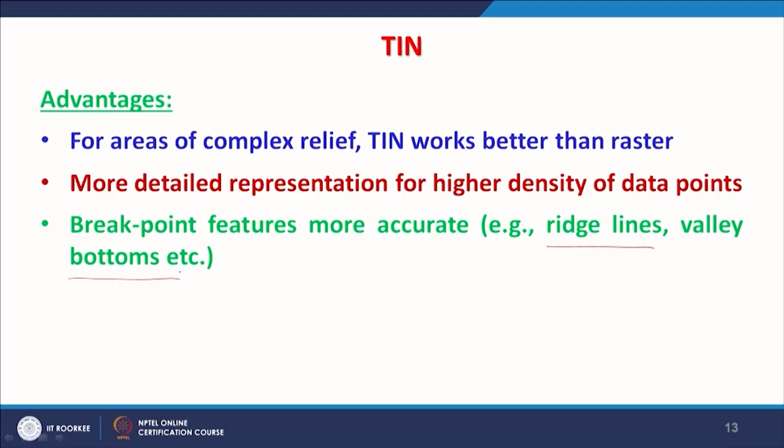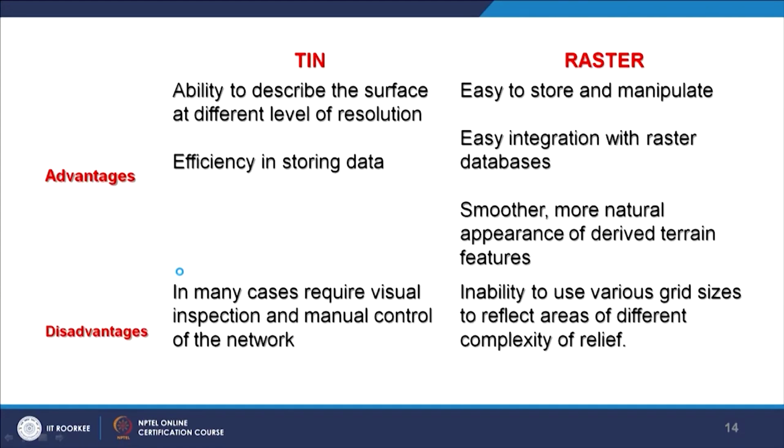Anyway, in summary, the advantages and disadvantages associated with TIN and raster: TIN has the ability to describe the surface at different levels of resolution, because each triangle may have a different size and shape. That is why it has different resolution.